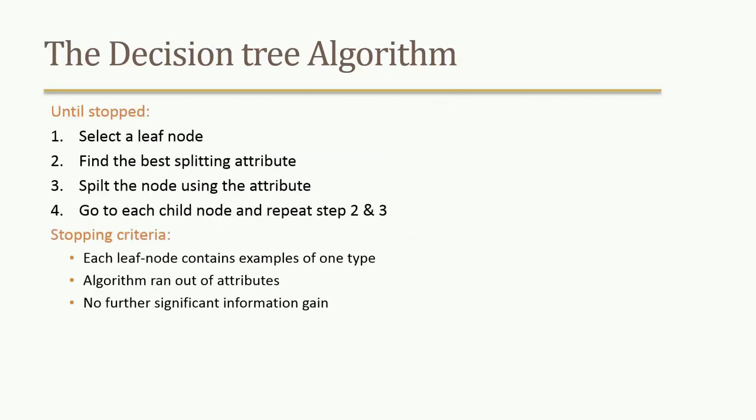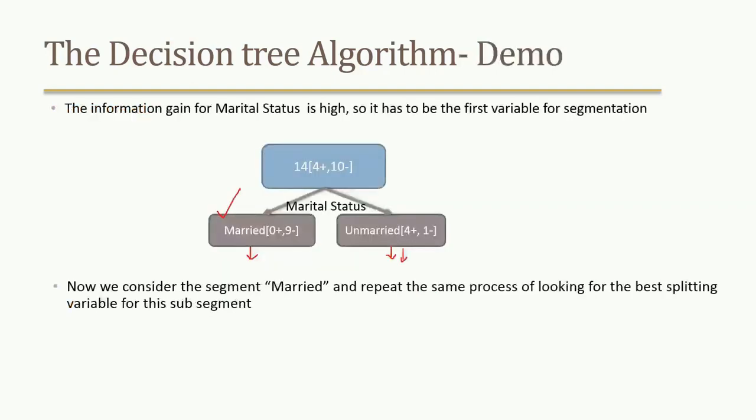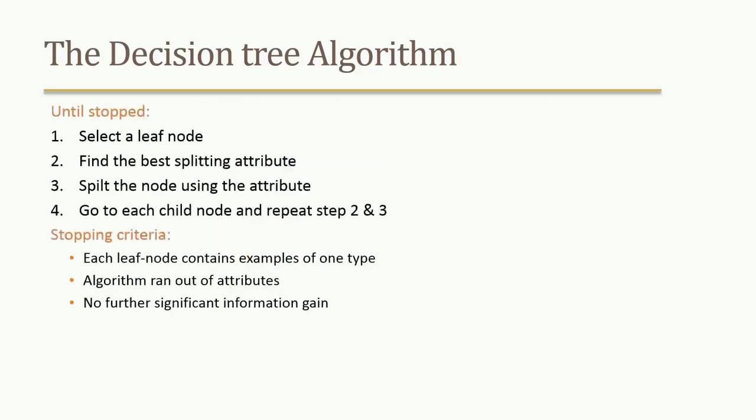So once again, in the decision tree algorithm, you select a leaf node. At the beginning the leaf node is the root itself, the first node. Find the best splitting attribute: we calculate the information gain for all the attributes, and the one with the highest information gain is the best splitting attribute.